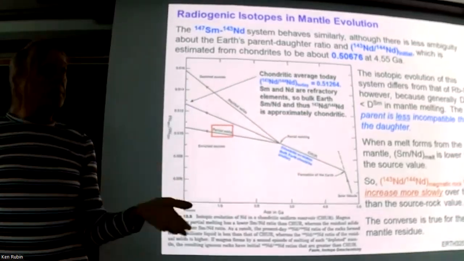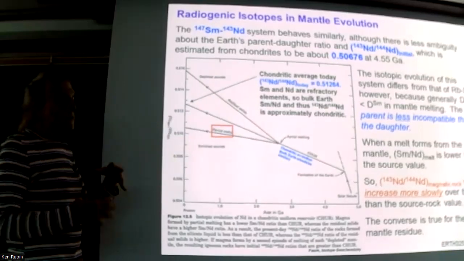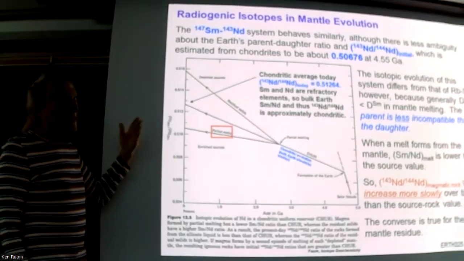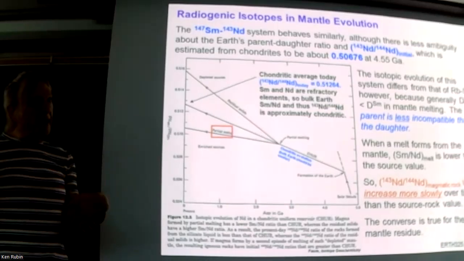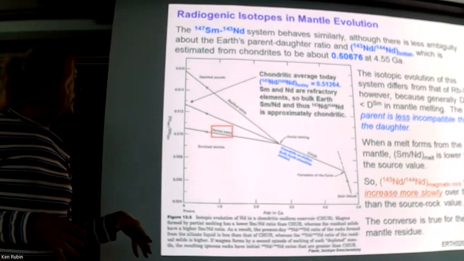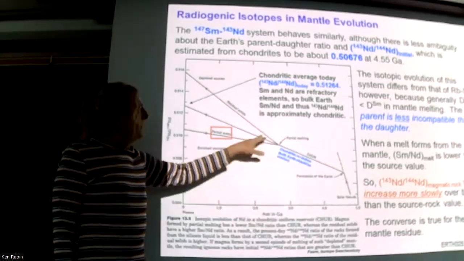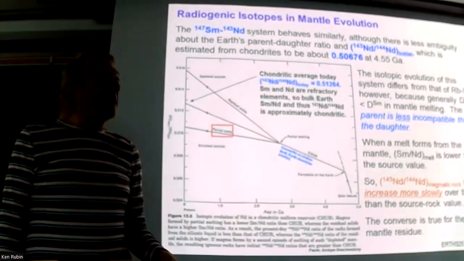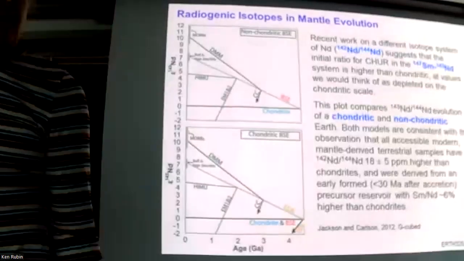And the more we deplete it, the lower the concentration of both, the more this ratio will change, because in a relative sense, we've pulled out more neodymium than samarium. And so we can compare isotopic compositions of materials and say not only when did the partial melting happen, but how extreme was it, based on the range of values that we get out of it.